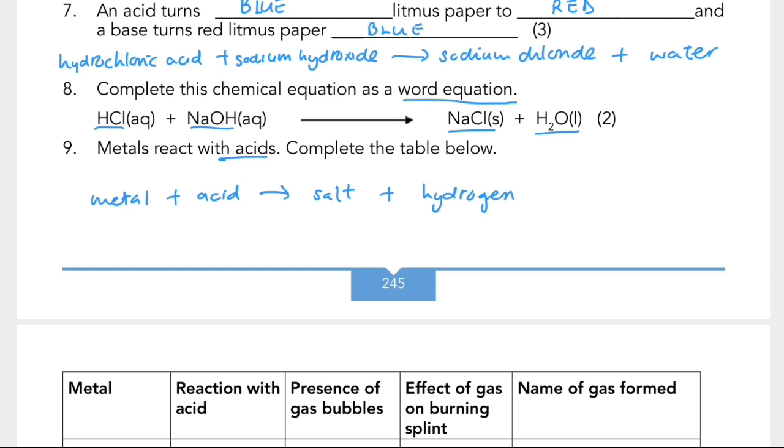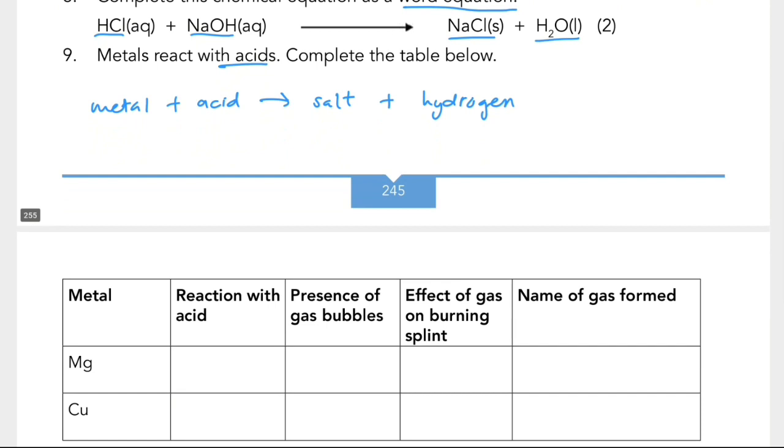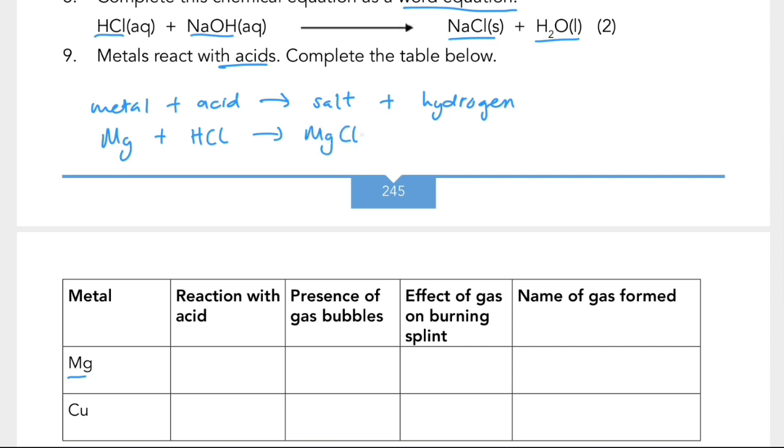So here we are asked to complete the table below. Maybe for you to see, we'll react, for example, magnesium plus an acid, let's say hydrochloric acid HCl, to give us magnesium chloride plus the hydrogen gas.